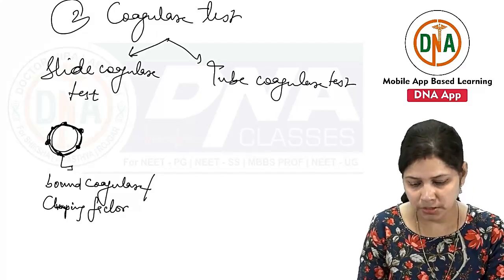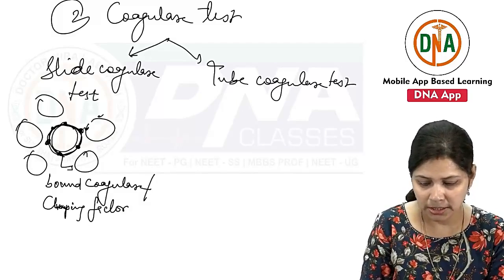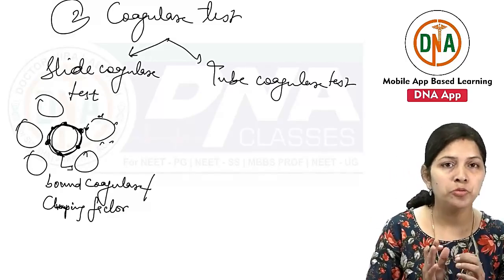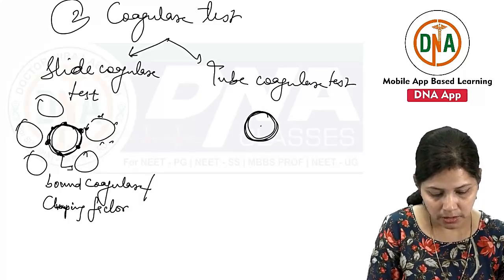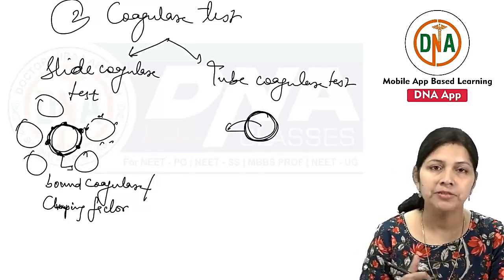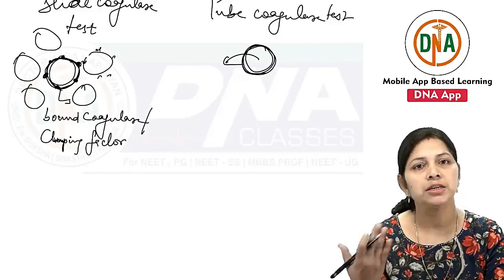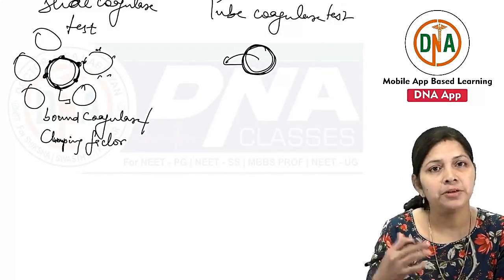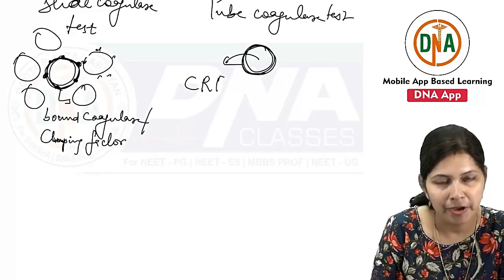Okay, so with this many cells are joined together and ultimately it results in formation of a clump. Whereas what happens in tube coagulase test, here the coagulase is actively secreted outside. So this is an enzyme which is secreted outside and it reacts with a factor present in the plasma, that is known as coagulase reacting factor.